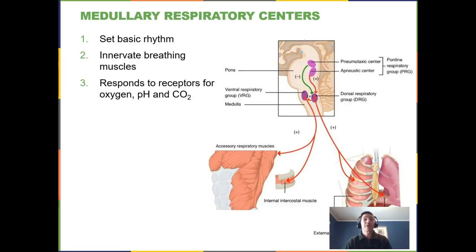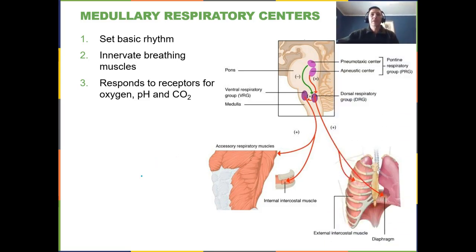So now we're going to talk about the control of your respiratory rate, or the two parts of your brain stem that control respiration. Your medulla and your pons work together to control your respiration. We want to know what your medulla does and what your pons does. Your medulla, as it says over there, sets your basic breathing rhythm.